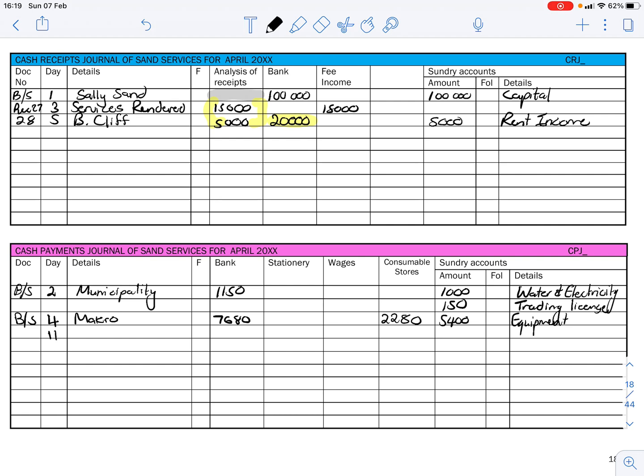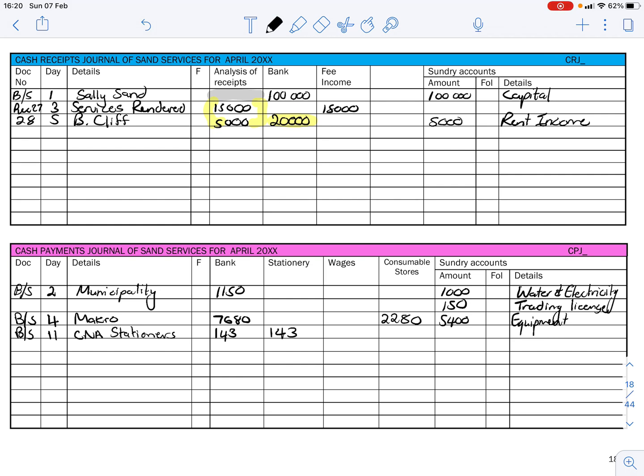Okay. On the 11th, again with the bank statement, we pay CNA stationers. So we put in our details, CNA stationers. Alright, and we buy 143 Rand worth of stationery from CNA.